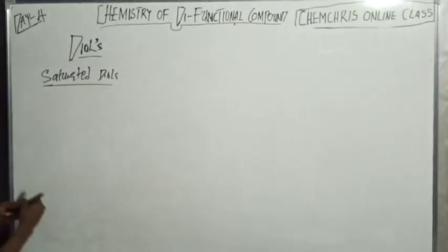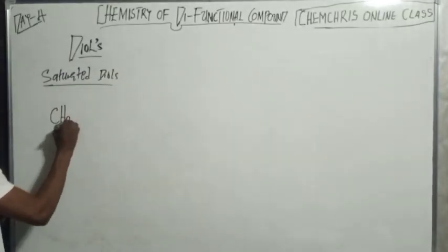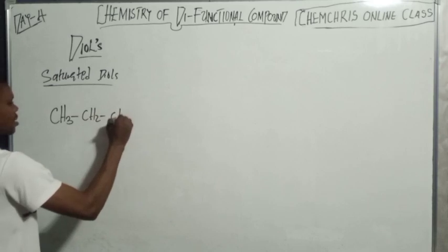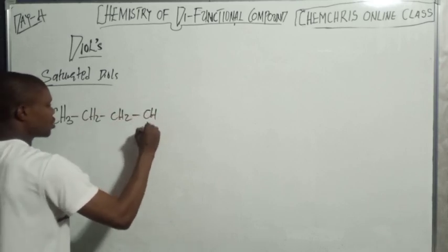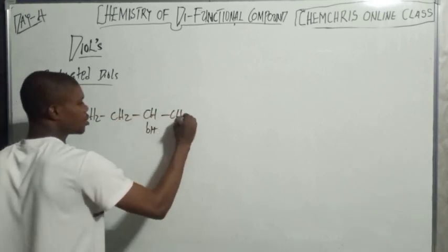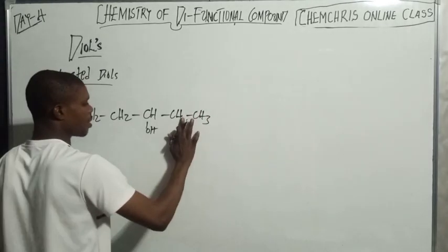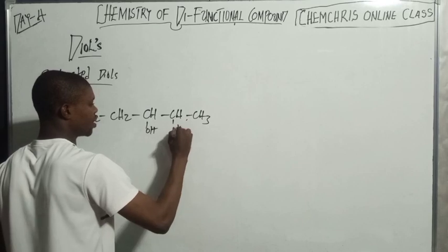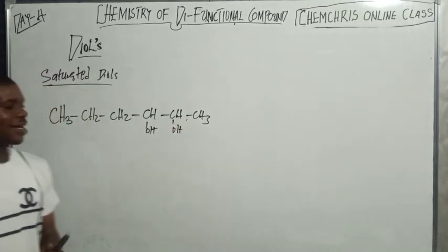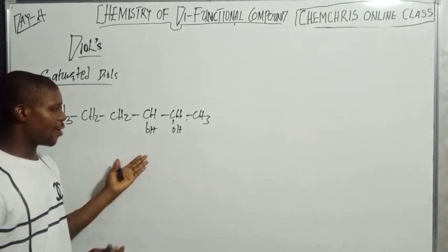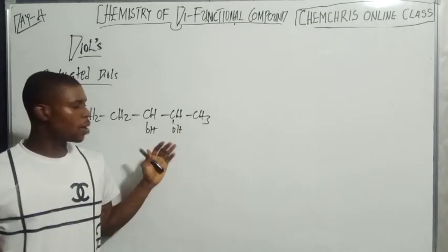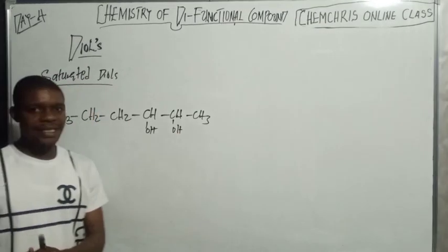For example, if I have CH3, CH2, CH2, CHOH, CH2, CH2, and here we have OH, what would be the nomenclature of this diol? It's very easy.